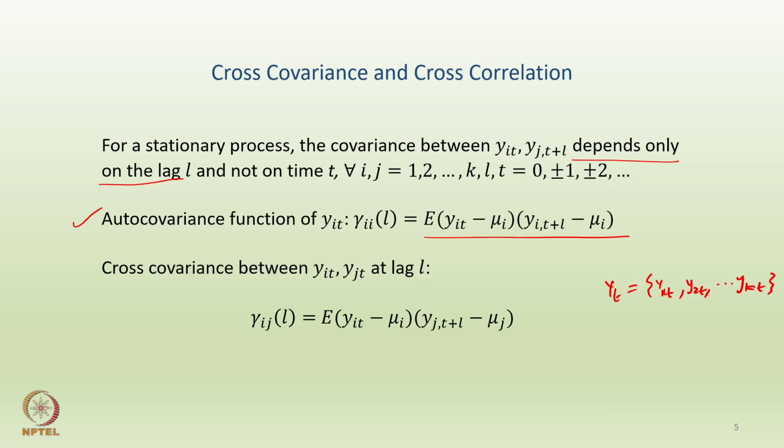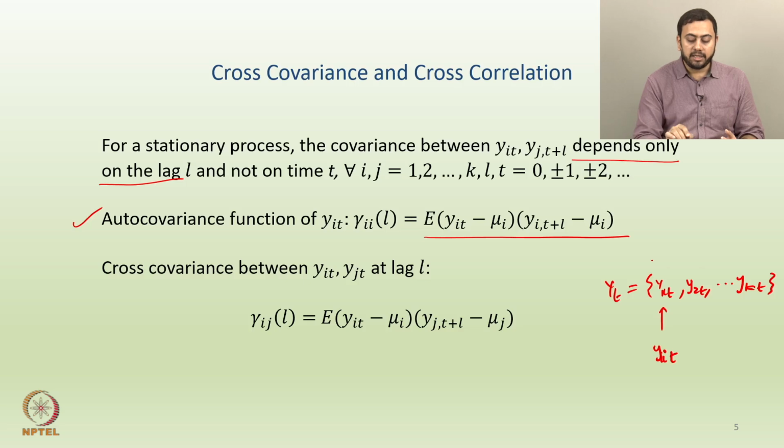Initially, what we are trying to put forward is a formula for the autocovariance function of a single time series from this collection, let us say yit. Yit is one of these, at the ith position. Can we define the autocovariance function of a single time series out of this entire collection?